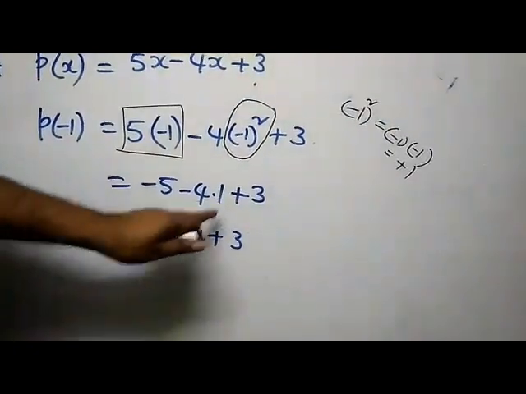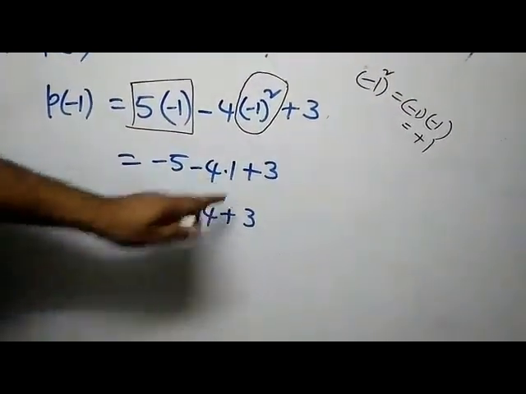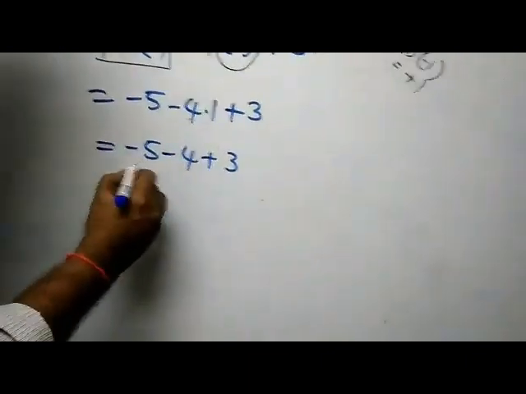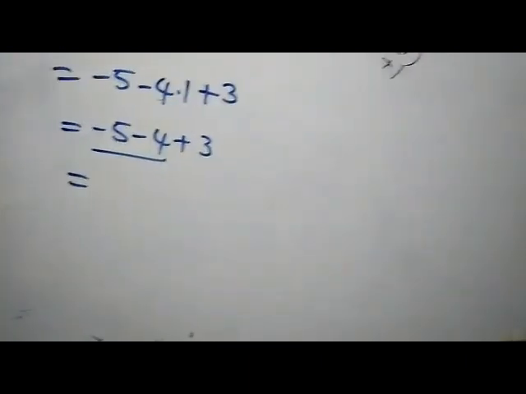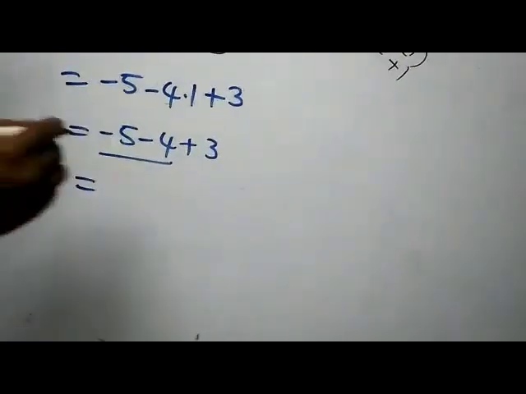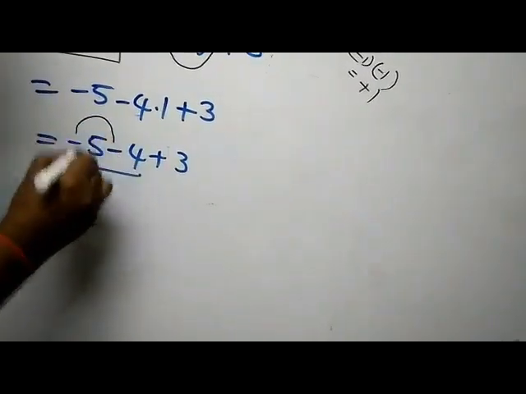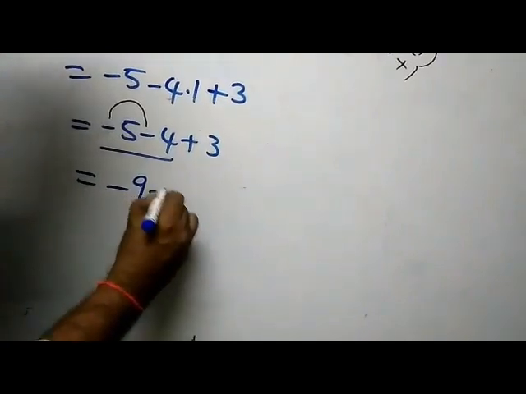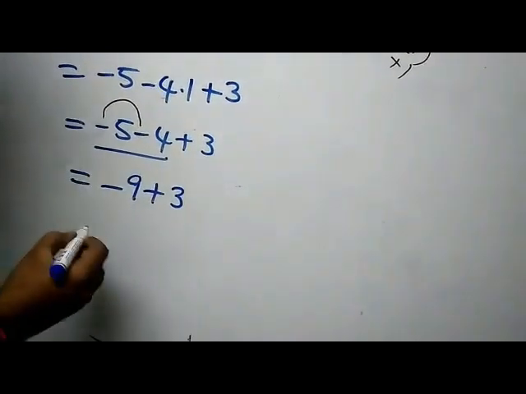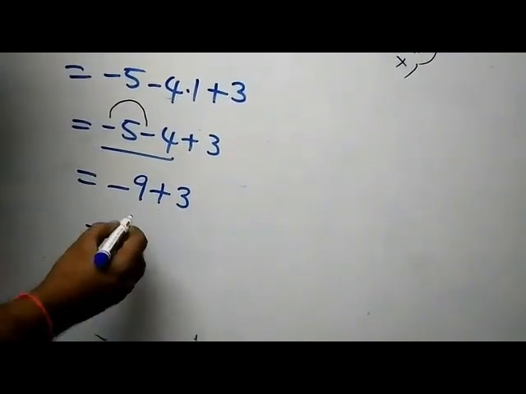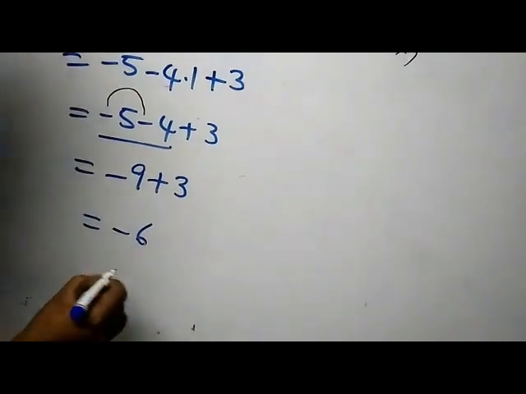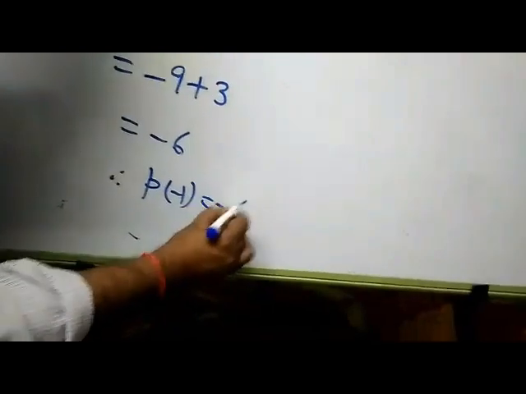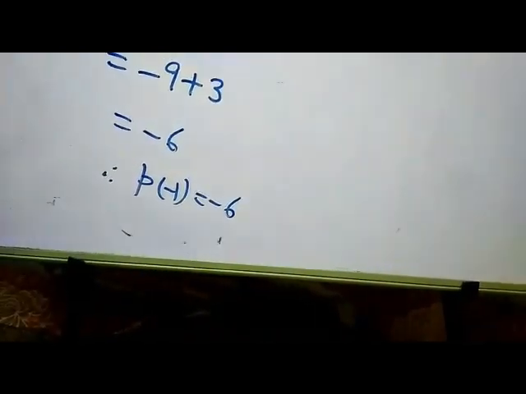Minus 5, minus 4 is minus 9. Minus 9 plus 3 is equal to, what is the answer? Minus 6. Therefore, p of minus 1 is equal to minus 6.